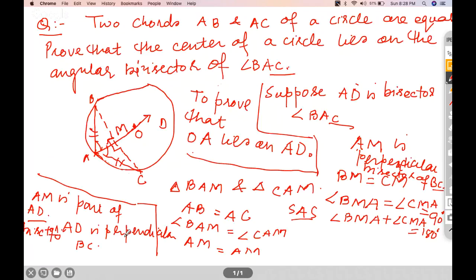And I just proved the corollary that all the perpendicular bisectors of a chord will pass through the center. So it means that OM has to be part of AD, and if OM is part of AD, it means that O lies on AD. So that's how you have to prove this. Any doubt now?